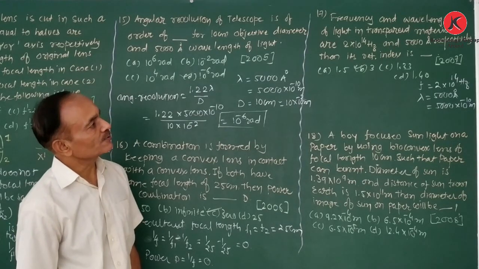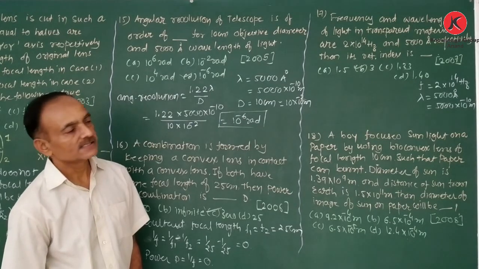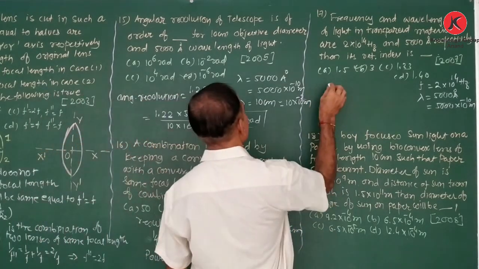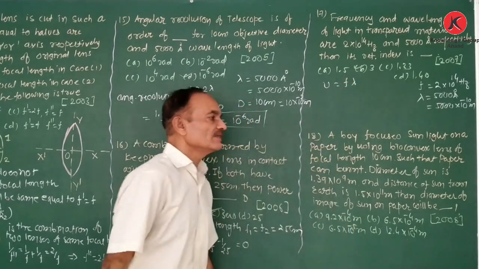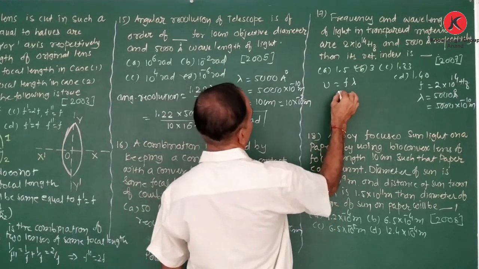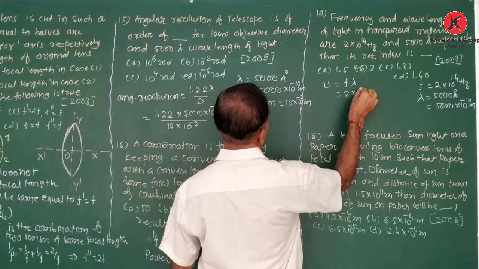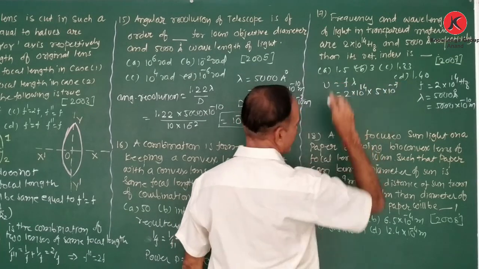So how we can solve then? What is the effective index? First, find out the speed of a wave in given material, light in given material. V is equal to f lambda. Substitute the value. f 2 into 10 is to 14. Lambda 5 into 10 is to minus 7.